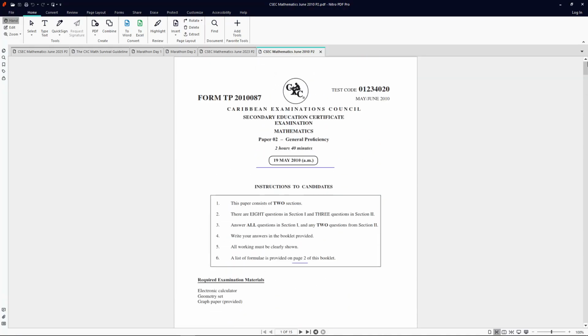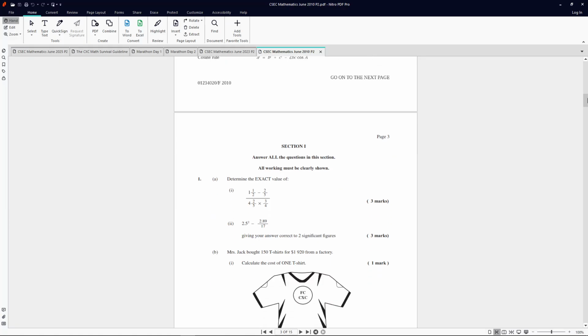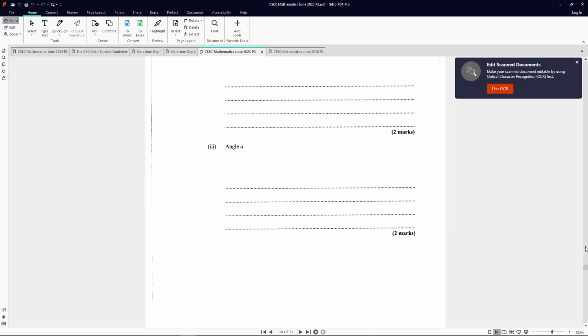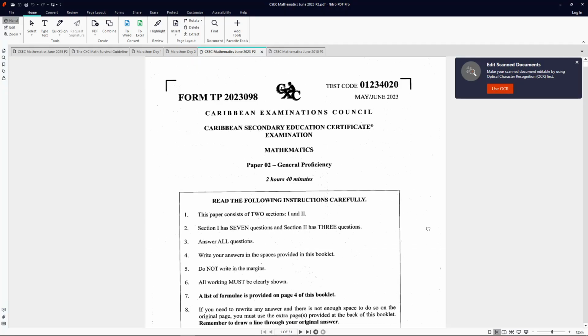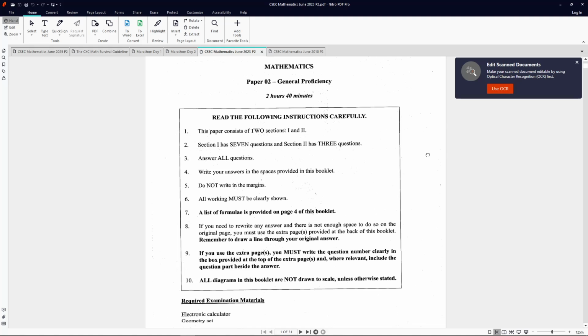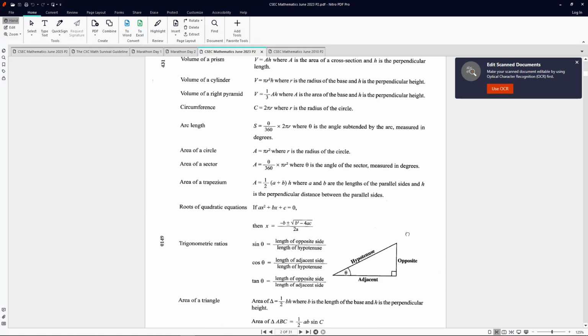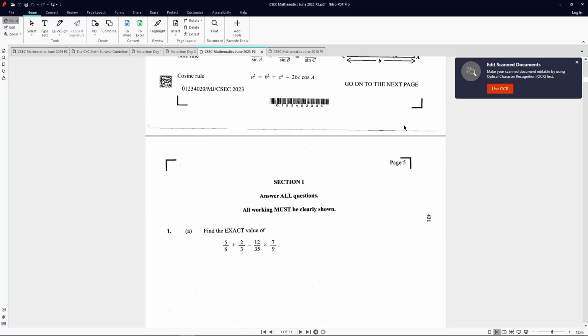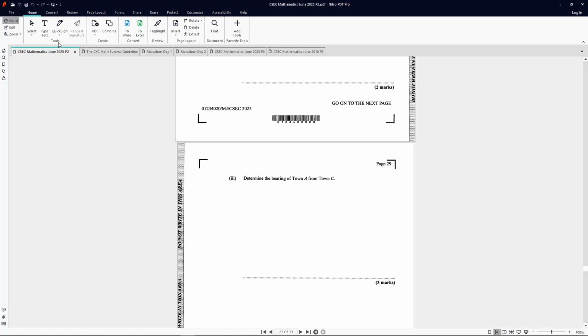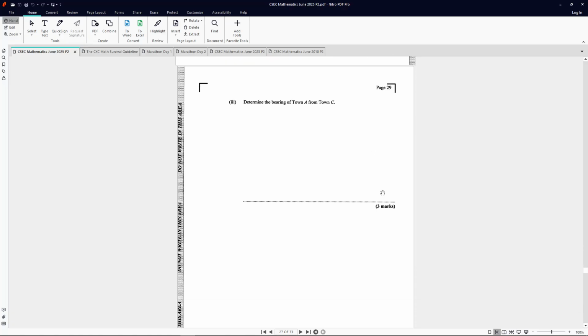It's not on this one. This one will be the old version. I'm pretty sure I've seen it on some of them, that if you aren't told what to round off to, then you do 3 significant figures.